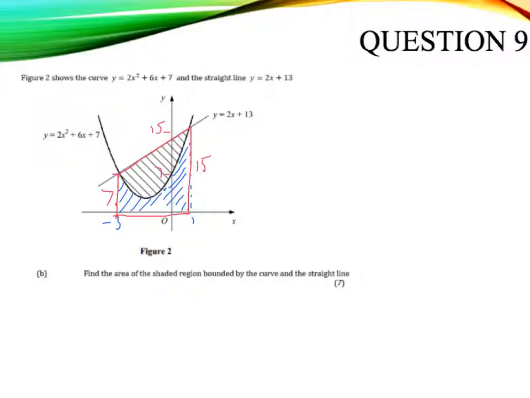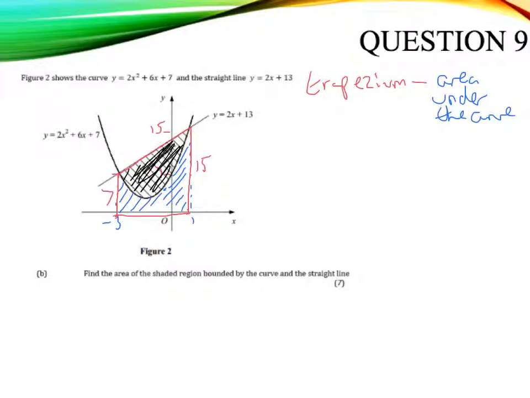To work out the area of the shaded region, I'm going to take the area of my trapezium, and I'm going to take away from it this blue section, the area under the curve. That's going to leave me with this dark shaded area here.